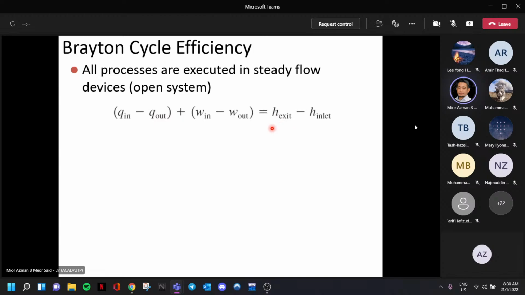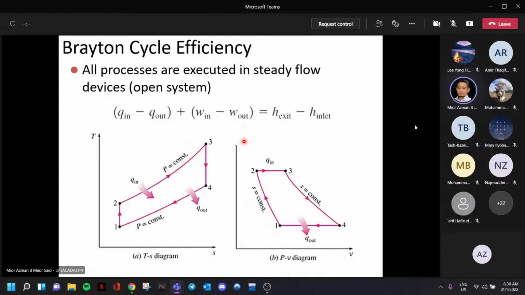So this is the main difference of the Brayton cycle and other cycles, the Otto cycle and diesel cycle, where you see Q in minus Q out plus the net work equal to the change of the internal energy, the U. But here for the Brayton cycle it is H, the enthalpy.